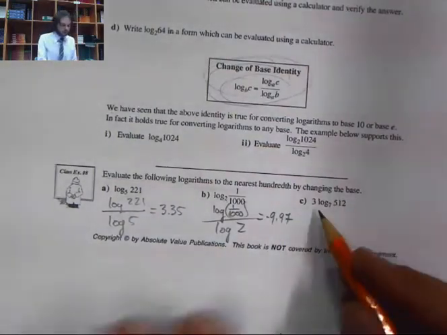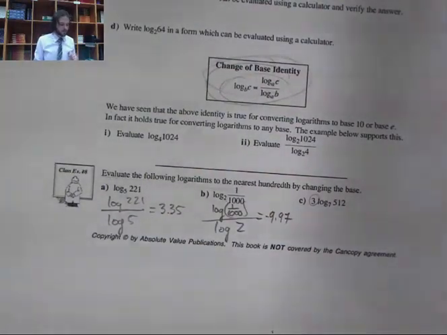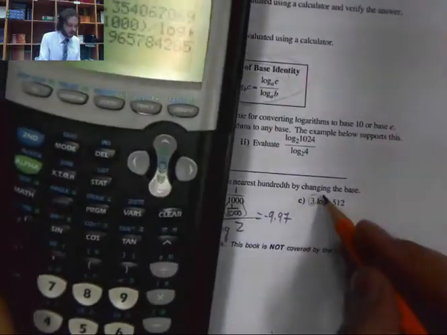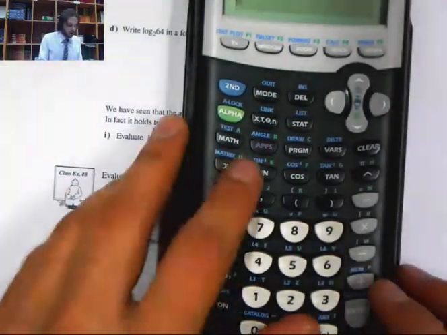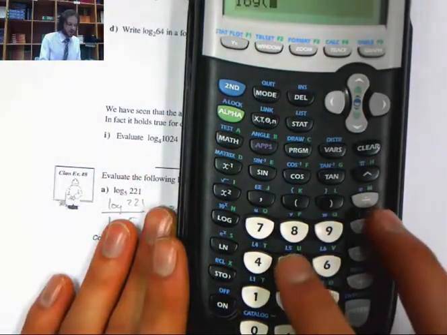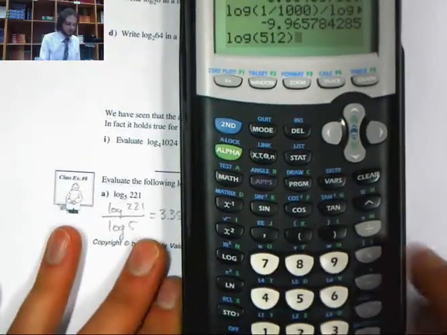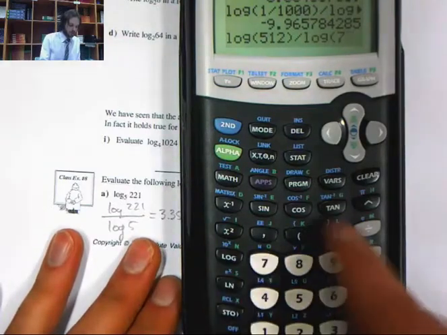Now the last one, we have this 3, which makes it a little bit more difficult. But it's not that bad. We're just going to multiply that answer by 3, because it's 3 multiplied by whatever that answer is. So I'm going to have log 512, and then we are going to divide that by log 7.